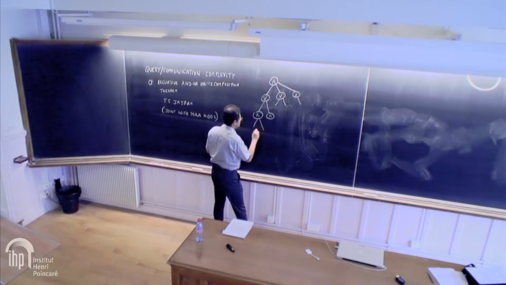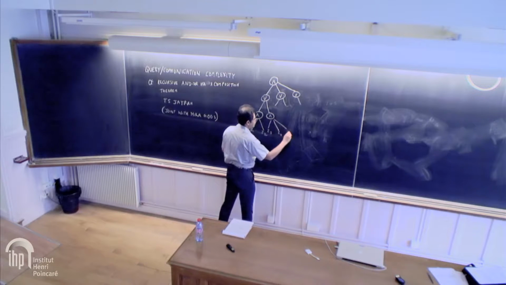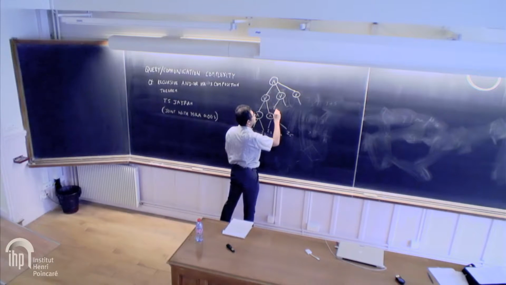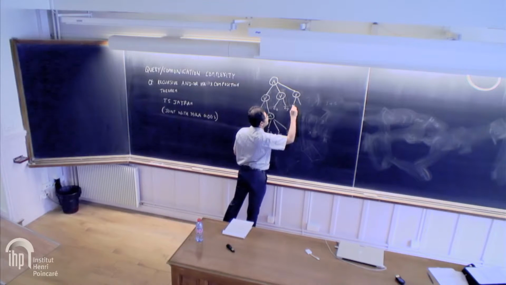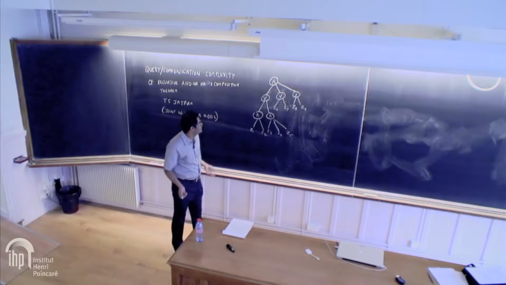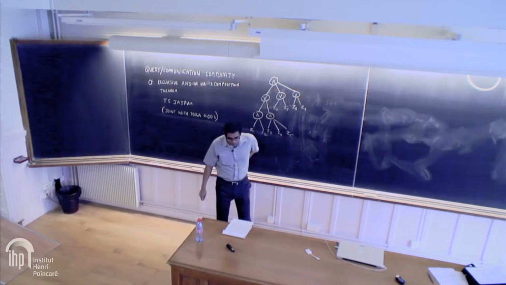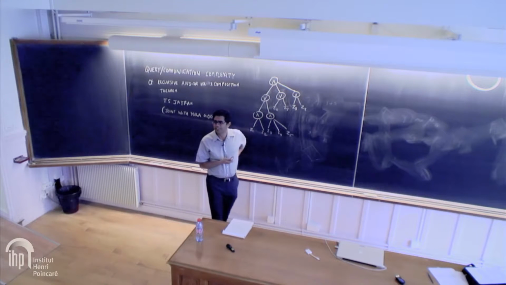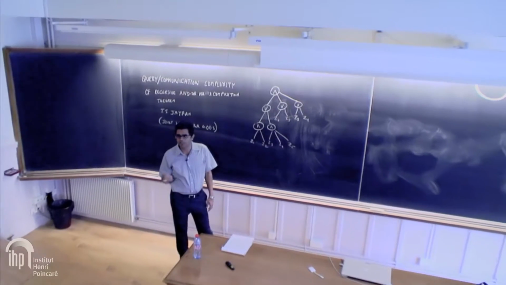So you could have something that looks like this, just alternating levels of AND and OR gates. And this is something that shows up very naturally in game tree evaluation.